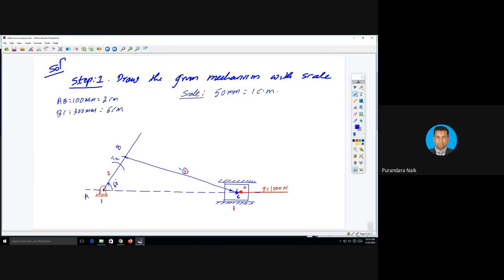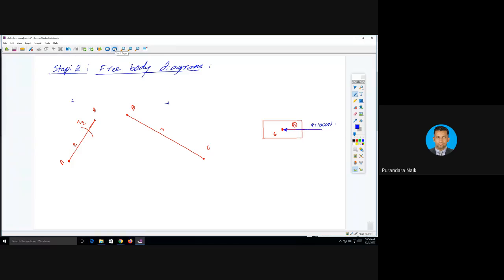This is a very, very important step. There is a force acting on link number 4 by link number 3. If you apply the force P on link number 4, that I'm going to show. See here, this is the force acting on link number 4 by link number 3.